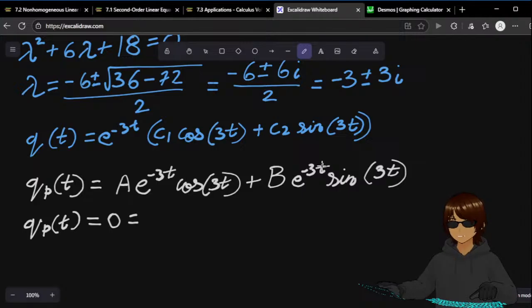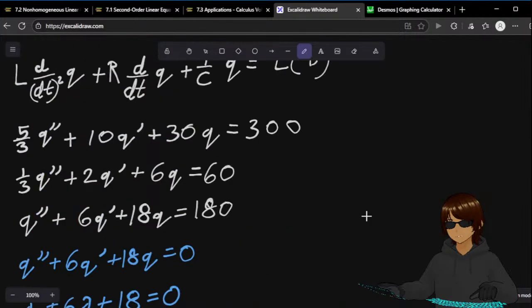This is 1. This is 1. Cos 0 is 1, right? Sine 0 is 0. So A is 0. So we are just left with B e to the power of minus 3t sine 3t.